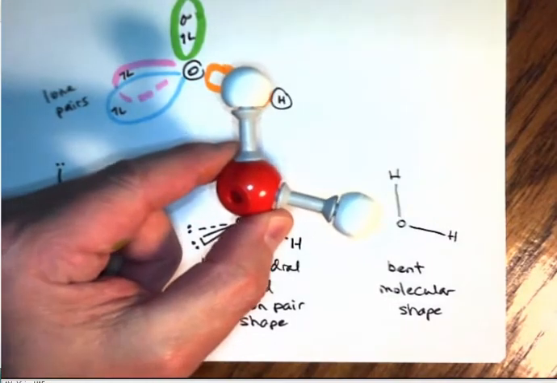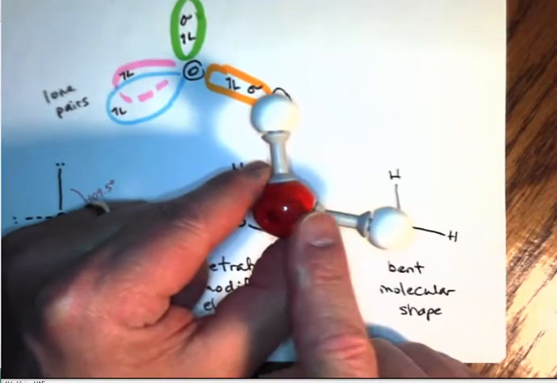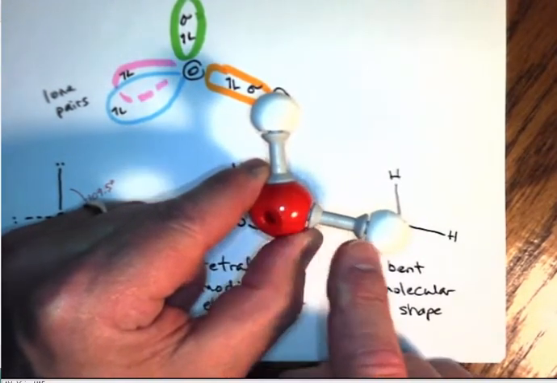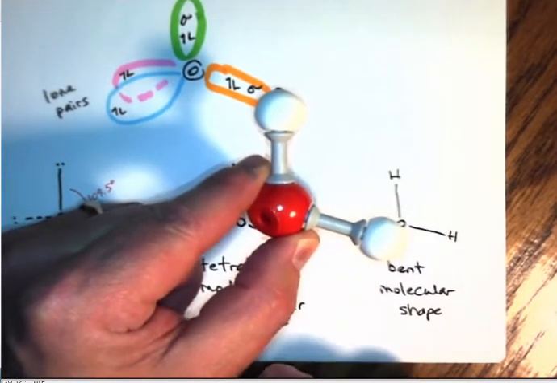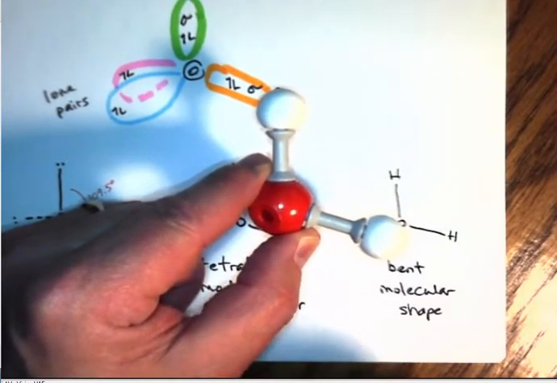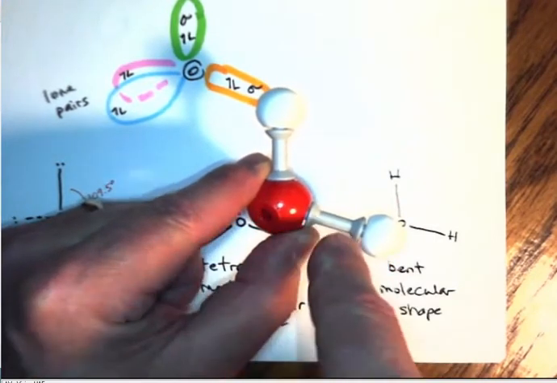Let me be careful to be clear about something. The molecule itself can be pictured in a number of different ways. This might be called a ball and stick model, because it's got balls and sticks. What this does not show is the actual shape of the overall molecule, because it does not take into account the electron clouds.